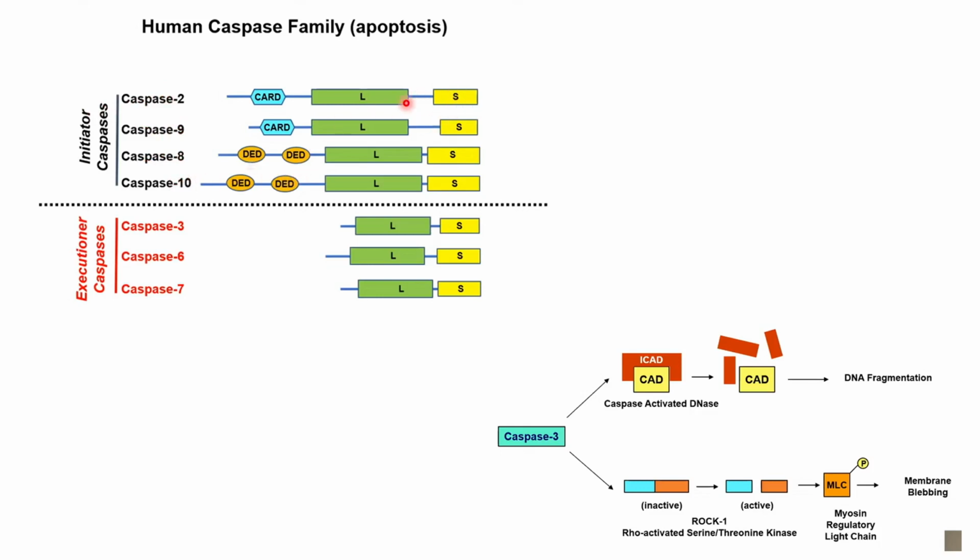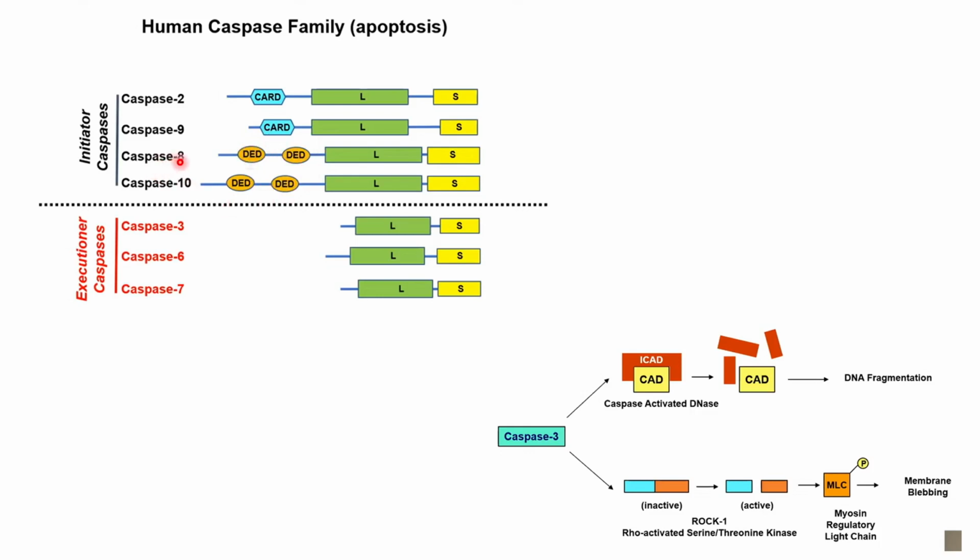Here you can see two domains which are present, domain S and domain L, small and large domain basically. And there is another domain which is present. One is the CARD domain, which is present in caspase 2 and caspase 9. And in caspase 8 and 10, there is a DED domain, okay, death effector domain. This domain is actually helpful in binding to its target protein.